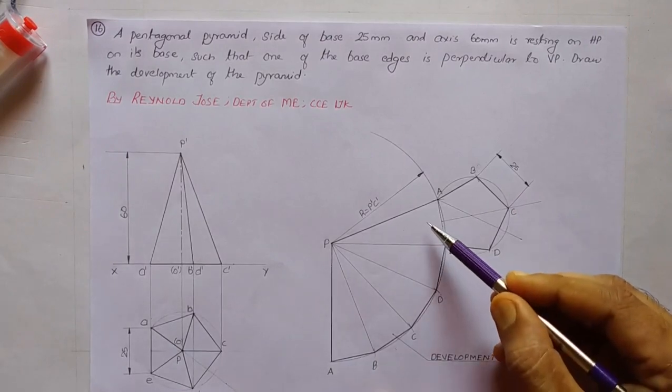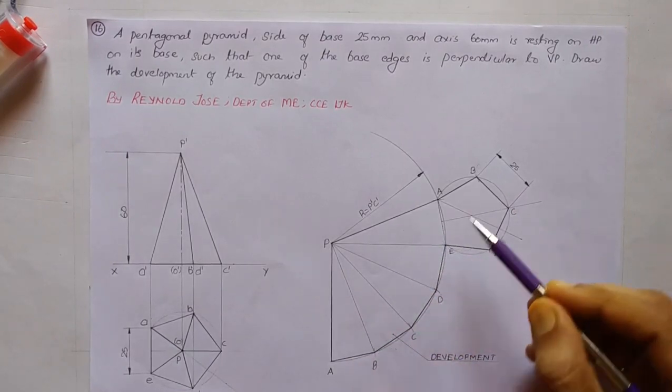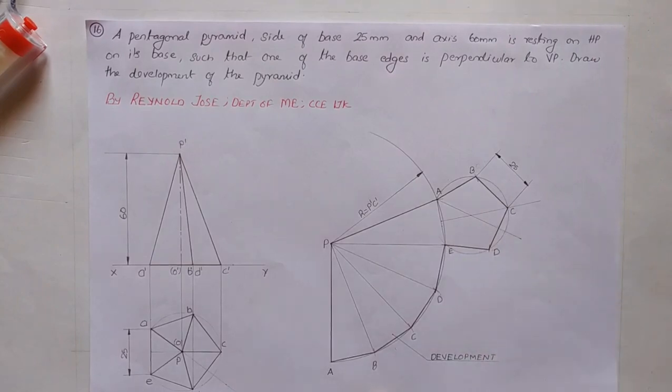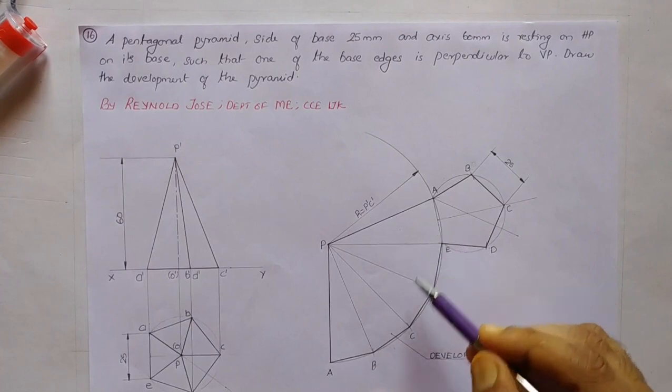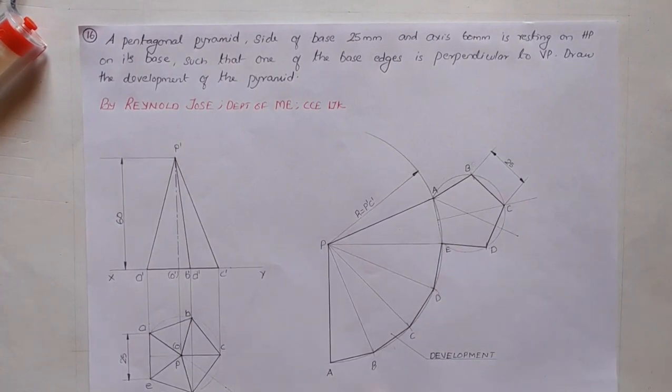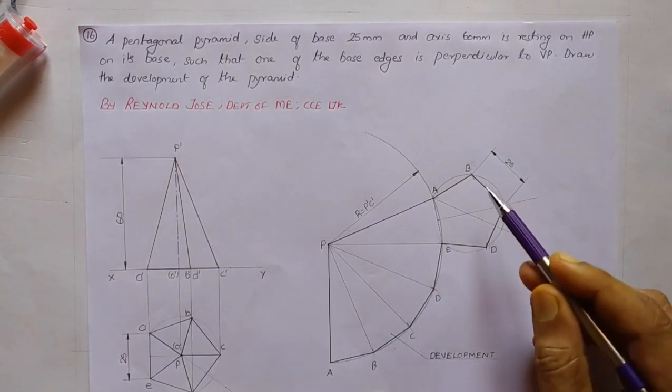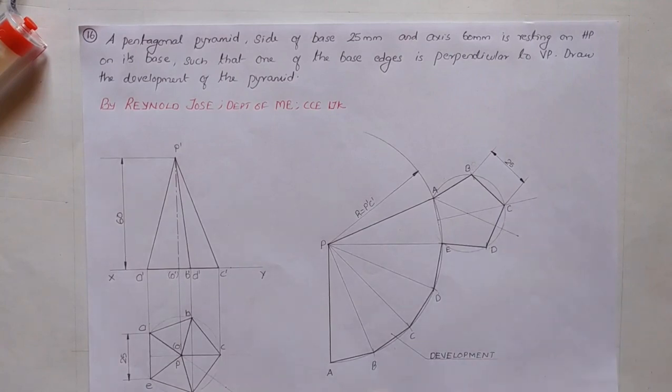That is, the slanting surfaces are there and the base is also there. Usually, the development of the lateral surface is only asked in some of the problems. That is, you have to draw only these triangular faces. This base is not required in some of the problems. So you have to observe the question and accordingly answer the question.